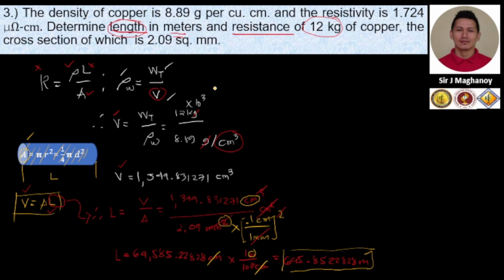How about the resistance? We determined already the length. We have the resistivity and the cross-sectional area, so we can solve it right away. For your resistance, resistivity times length over the cross-sectional area. What is the value of your resistivity? 1.724 micro-ohm-centimeter.